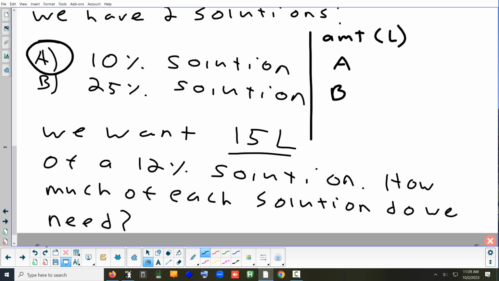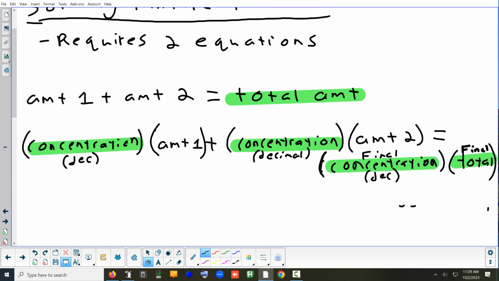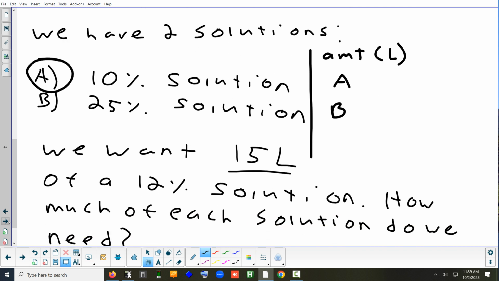So how much of each solution do we need? When you're setting up a mixture problem, how many equations did I say you need? Two. The first one is just the amount of this first solution plus the amount of the second equals the total. How much are we using of the 10% solution? How many liters?